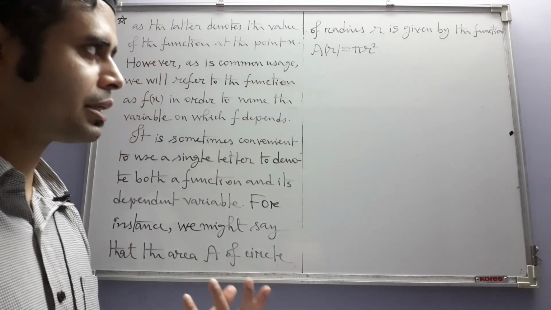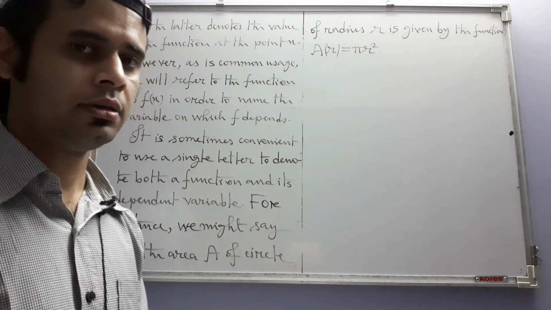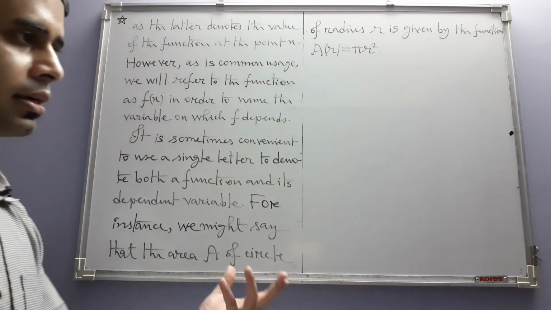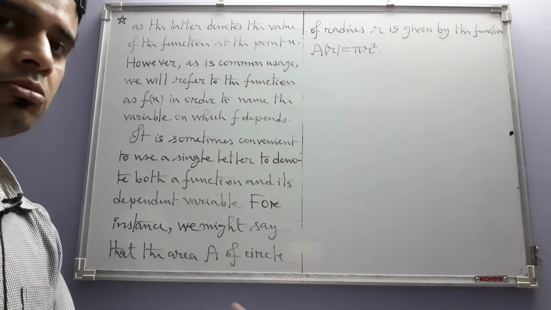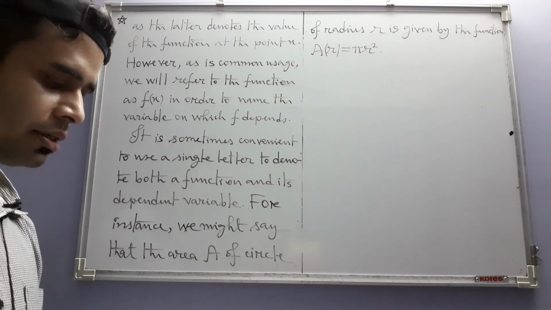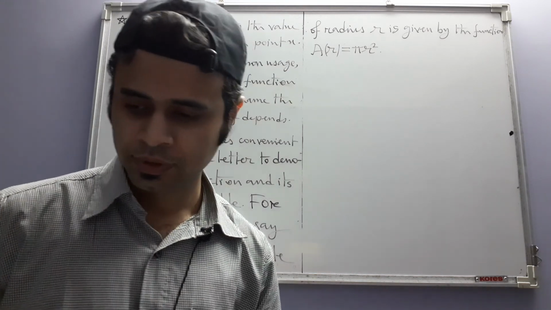The graph of a function is something that you have already come across. You have already been asked to draw the graph of a function, say y equal to x square or y equal to 2x plus 3. So we will see those things in the next video on this.